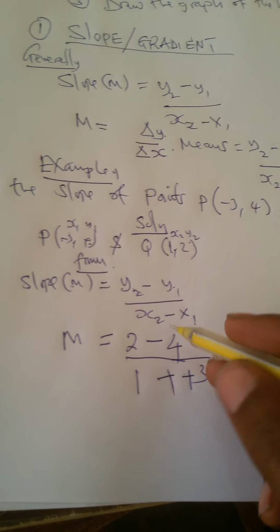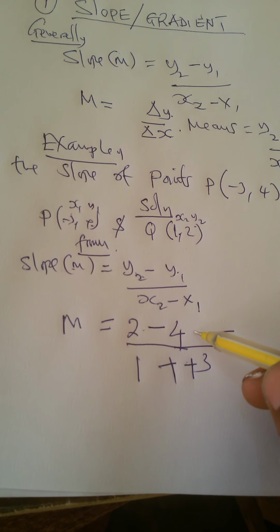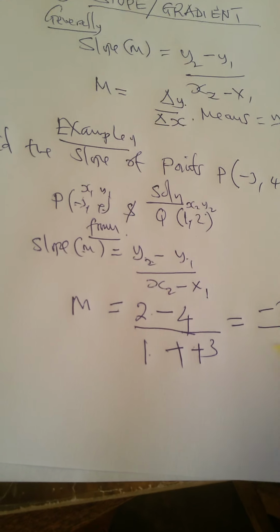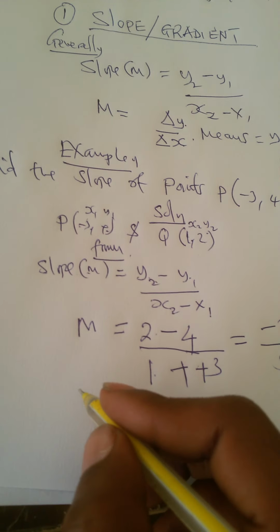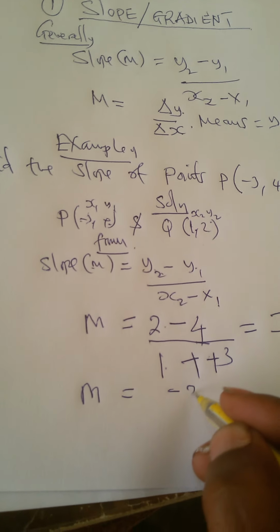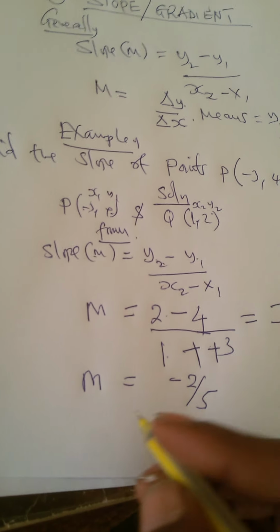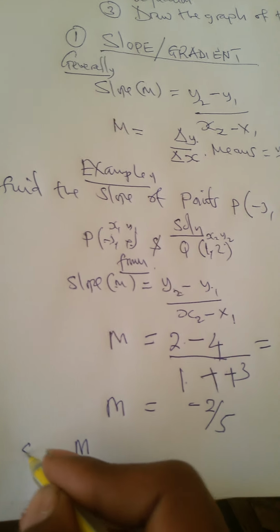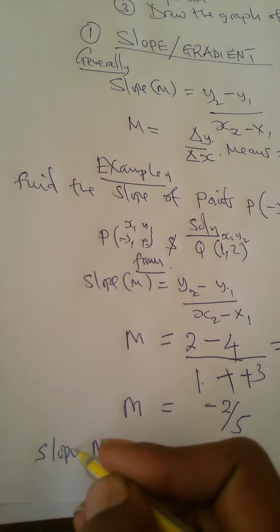So it is equal to positive 2 minus 4, which gives negative 2, and then over 1 plus 3, which is 4. So from there, you already get the value of m. M is equal to negative 2 over 4. M means slope.